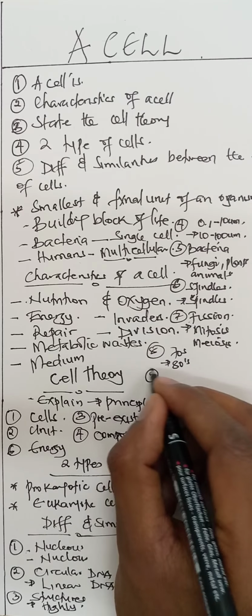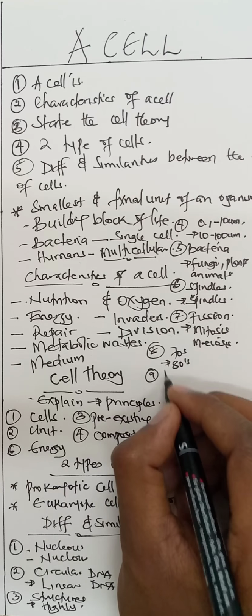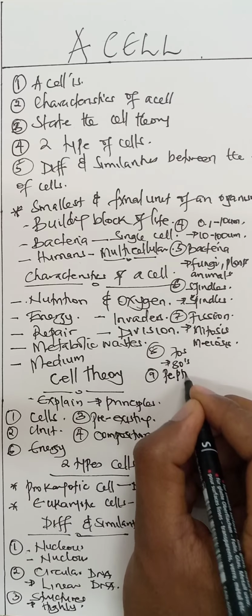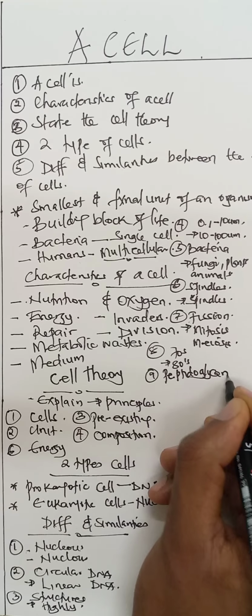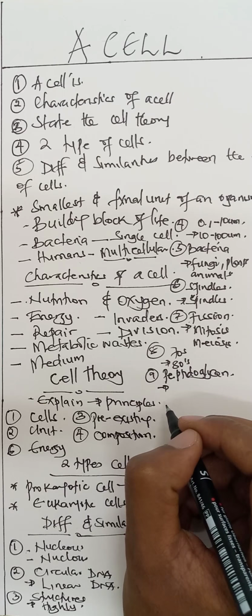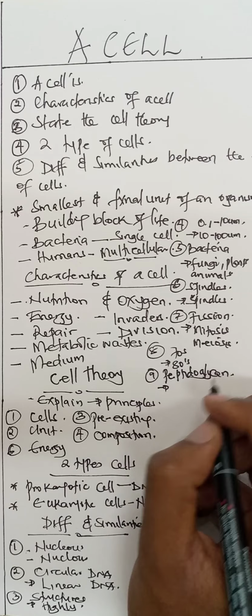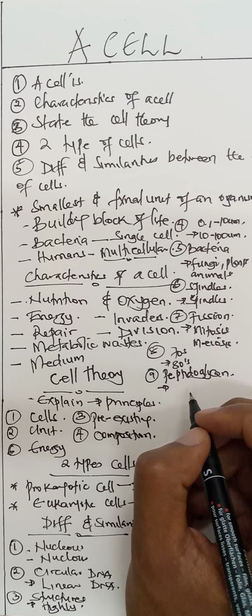Number 9, the cell wall is present, made up of peptidoglycan. That is in prokaryotes, but in eukaryotes, it is absent in animal cells, and present only in higher plants.